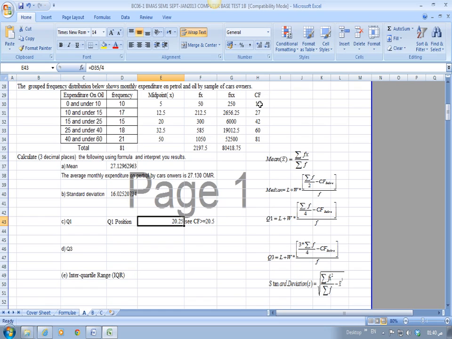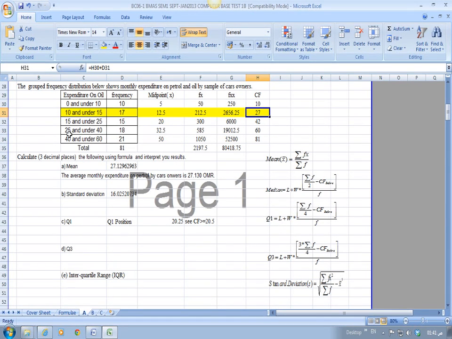Then we look for the CF which is greater than or equal to 20.25. From the top, the first CF is less. We want to see the first CF from the top that is greater than or equal to 20.25. So the first one is this one. I am highlighting it, and in the same line you see this one is CF, and here you will find the lower limit of the class.